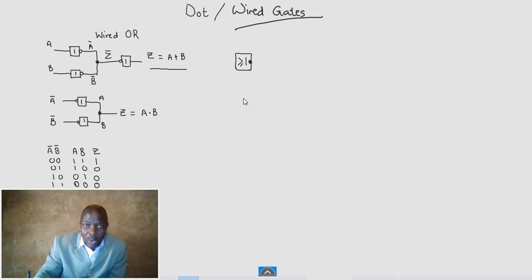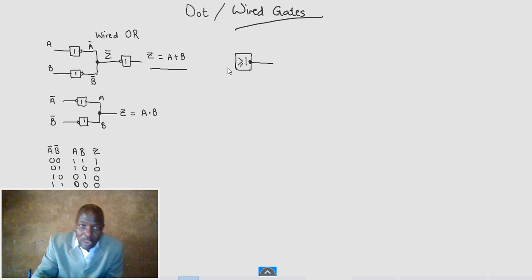It's the same thing, dot or wired. That dot represents the wiring where the output stems out of. Any inputs that come in there, A, B, the difference is there must be the dotting there.